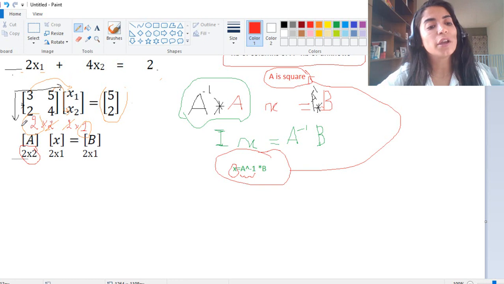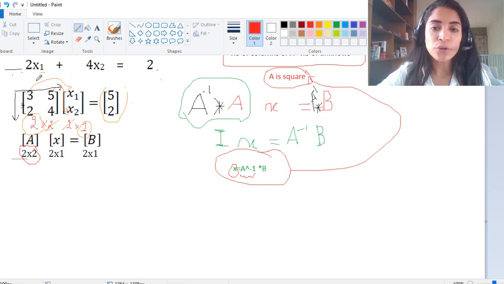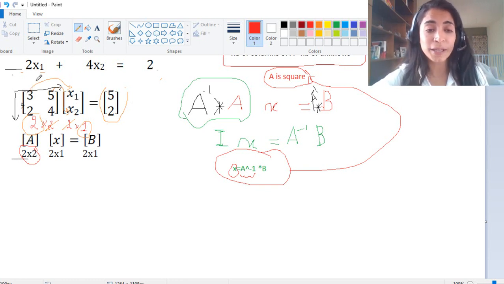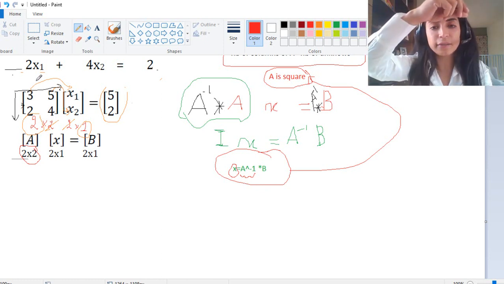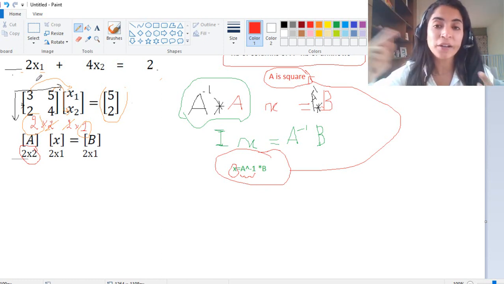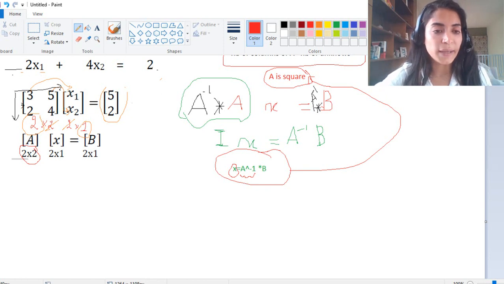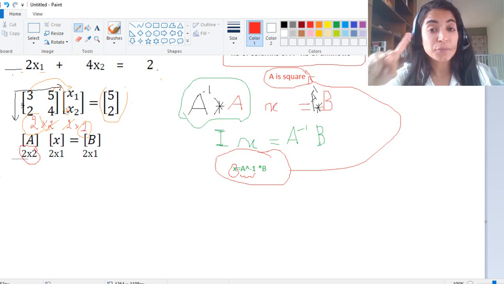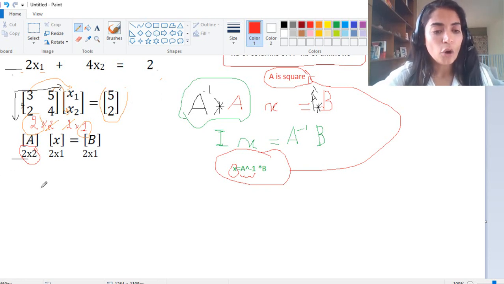Now, how can I find the inverse of a 2 by 2 matrix? I know that only in the case of a 2 by 2 matrix, I can flip the diagonal side and then I put minus for the remaining terms. And don't forget times 1 over determinant of A, which means A minus 1 should be 1 over the determinant of A, which is 12 minus 10, which is 2, times, I should flip 3 and 4, so then this is 4 and this is 3.